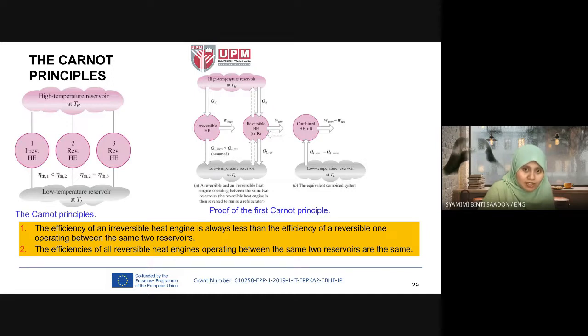As long as the high and low temperatures are the same, the efficiency will be the same, because it only depends on the heat source and the heat sink.